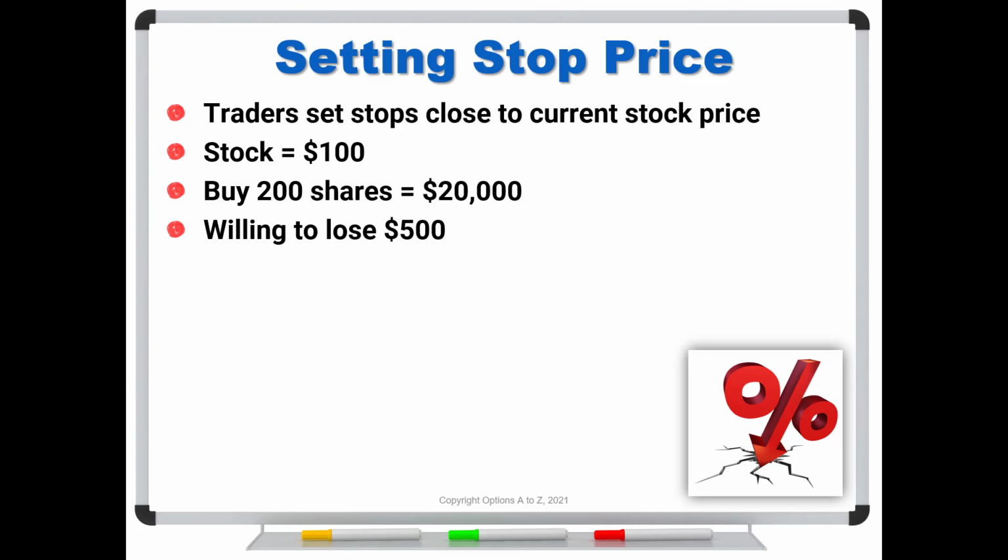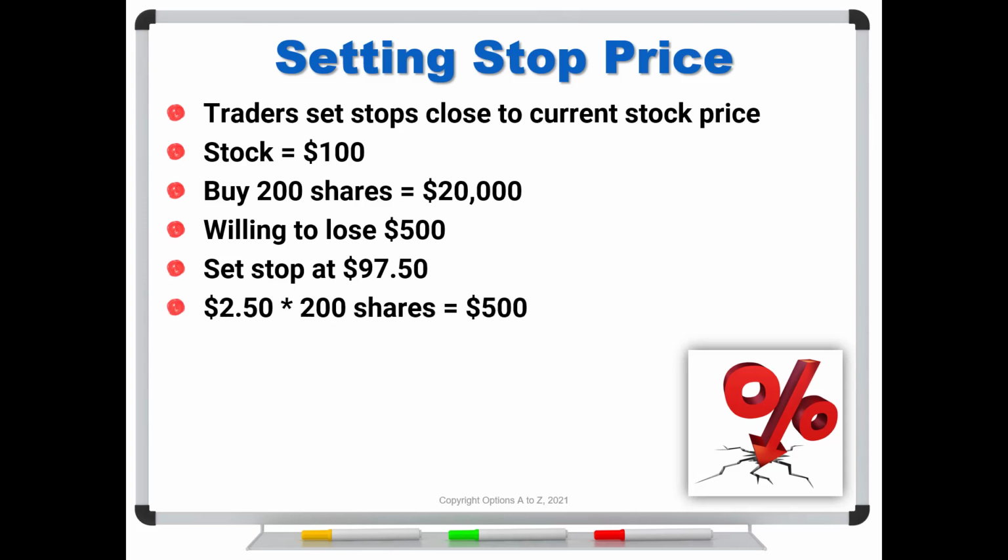And so they'll say, well, if I've got 200 shares, and I'm only willing to lose 500, I should set my stop at 97.50. And that way I would lose $2.50, right? If I paid $100 for the stock and I sell it at 97.50, I lose $2.50 times 200 shares, or there's my 500 bucks.